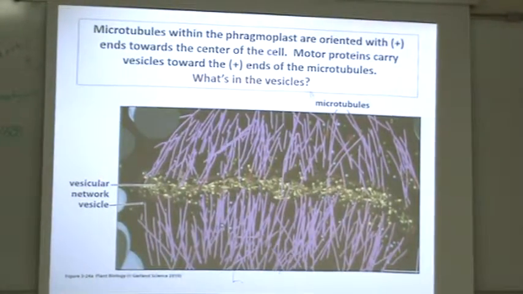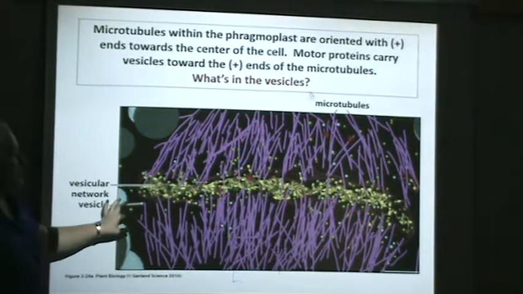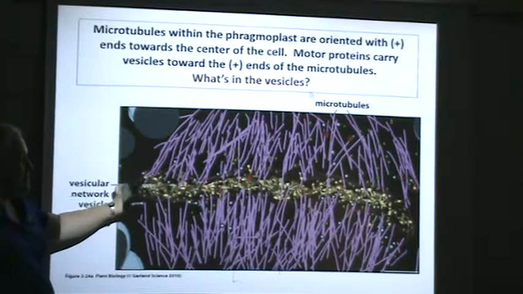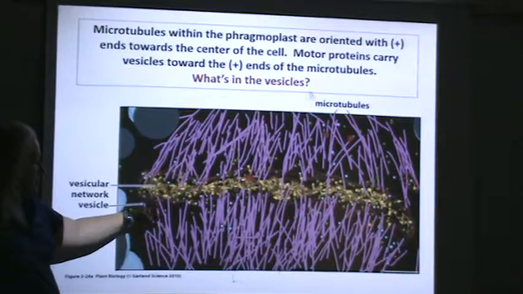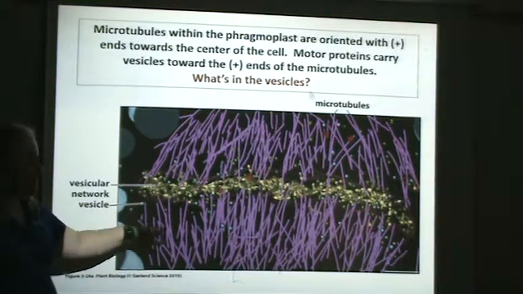So this is a particularly nice picture of what a phragmoplast looks like in process. And what you're seeing here is a computer model in which someone tagged vesicles with fluorescent dye and they tracked their movement along microtubules. So these are tracks, it's almost like a time lapse.